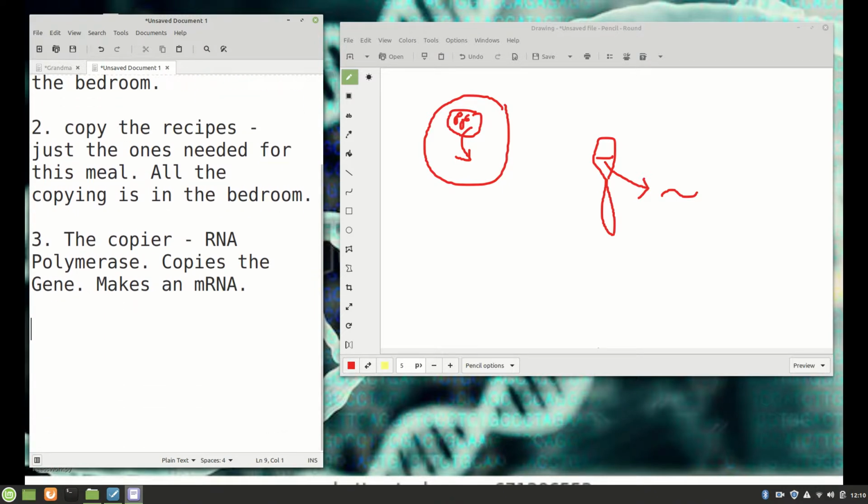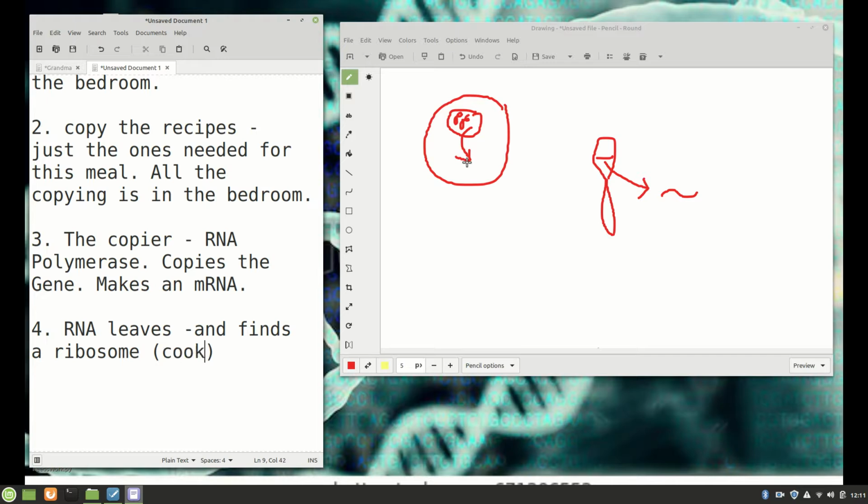So the RNA leaves, and this is like our little picture over here. We've made the copy. We're going to leave, and when the RNA leaves, it's going to find a ribosome, or a ribosome finds it, whichever one you want to think of. A ribosome is like the cook.